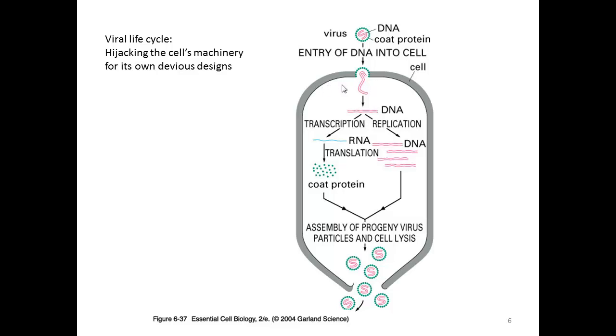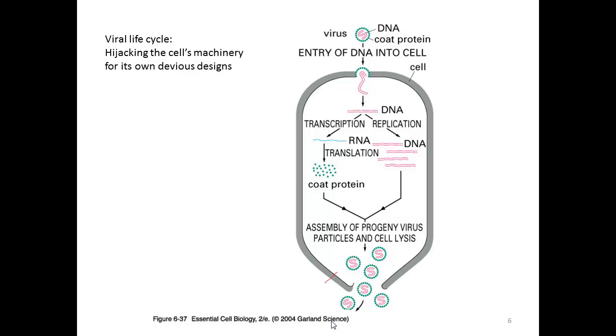It introduces its DNA into the cell and tricks the host machinery into using its proteins to make RNA from the DNA to make proteins, and also to copy its DNA to be packaged inside of the viral proteins. And eventually the virus will cause the host cell to lyse, expelling thousands of copies of virus particles back into the environment.